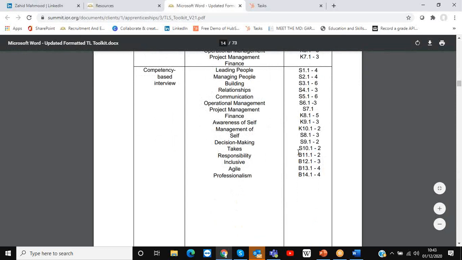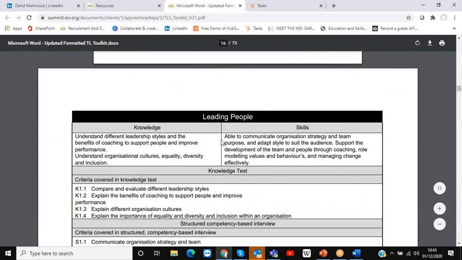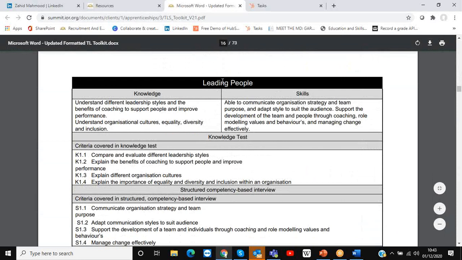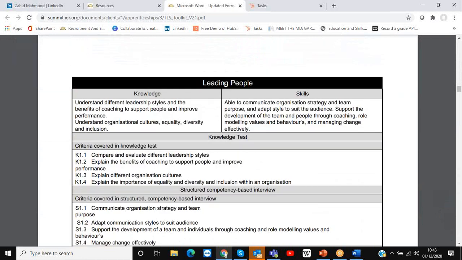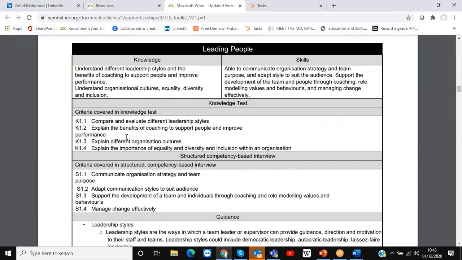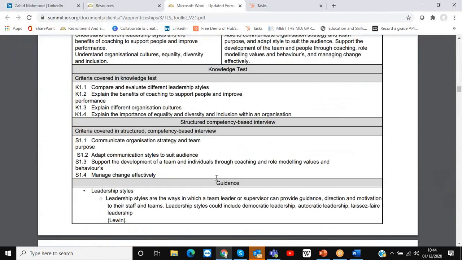So you can see clearly what's related to which component and which learning outcome, and then this is further broken down here. We're seeing the first learning outcome, leading people. Both the knowledge test and the structured competency-based interview are related to this learning outcome, and then we can see the breakdown of the criteria of what needs to be covered, and a bit of guidance.